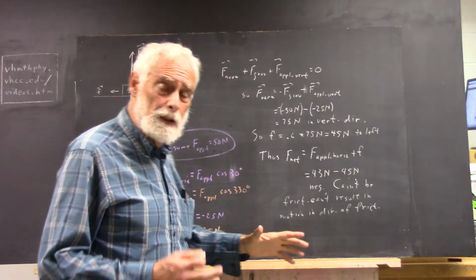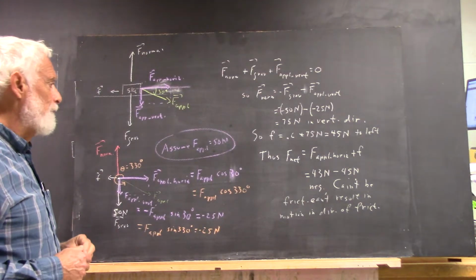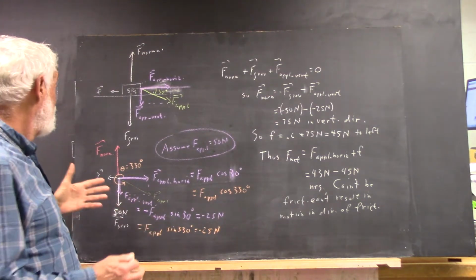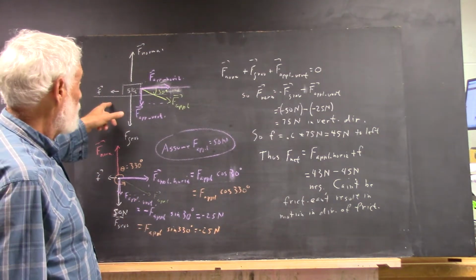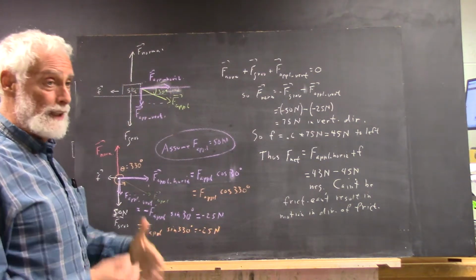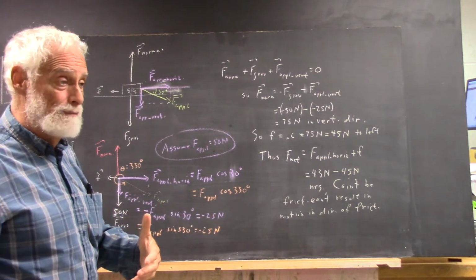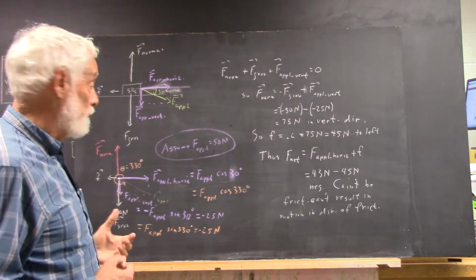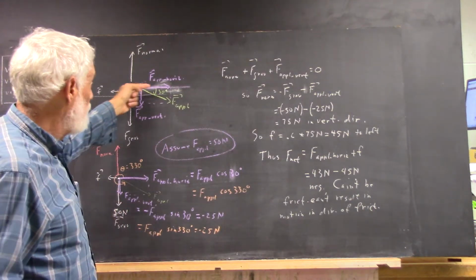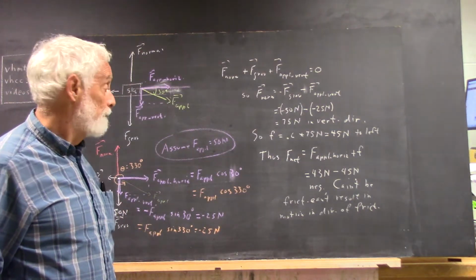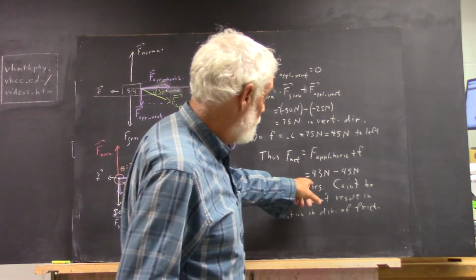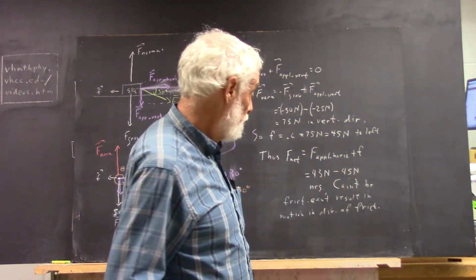And this is simply because the frictional force is limited by the fact that the frictional force combined with another force can't give us anything in the direction of the frictional force, okay? So the frictional force can't be bigger than our applied horizontal force. So the frictional force actually would turn out to be 43 newtons in this case.